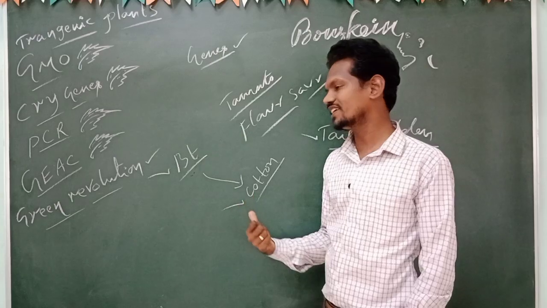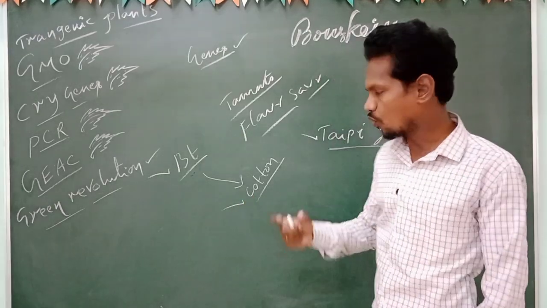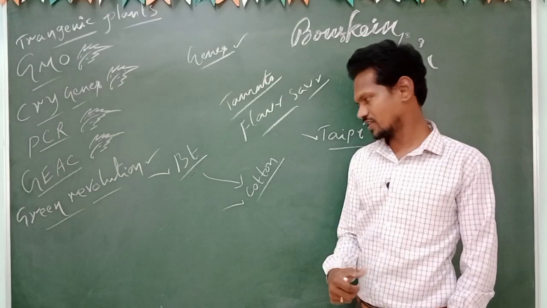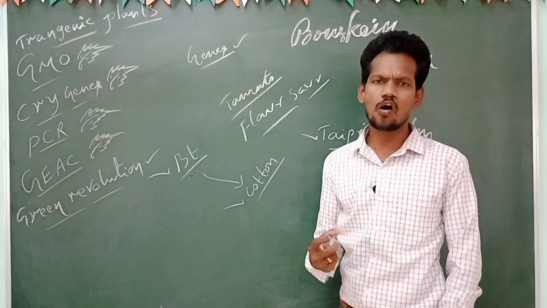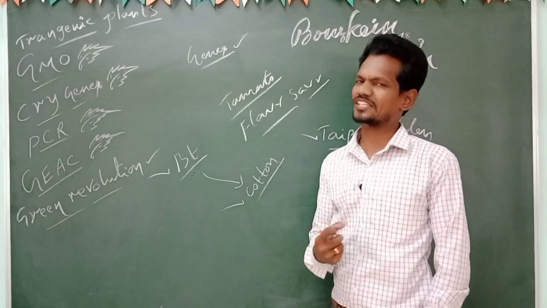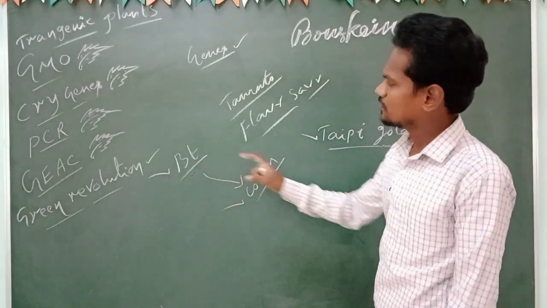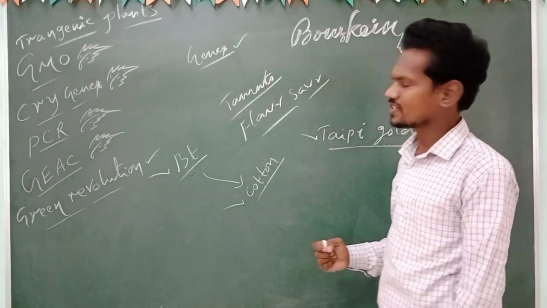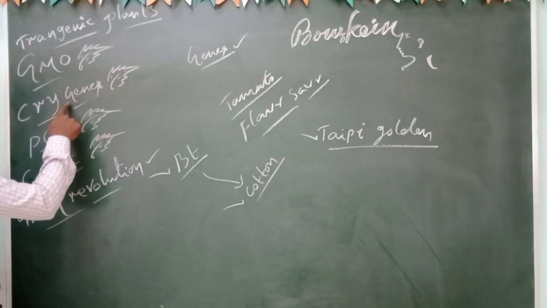It is highly pest resistant, disease resistant, and worm resistant, especially to corn borer, bollworm and different types of pests. This BT has special genes known as cry genes.